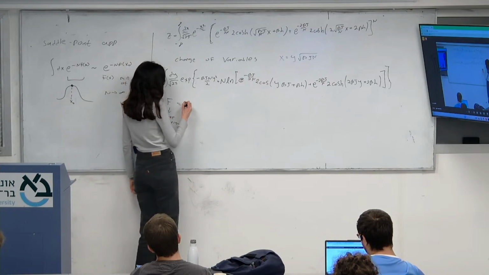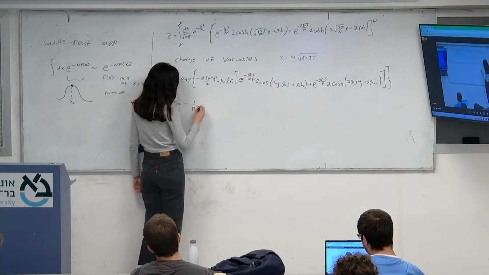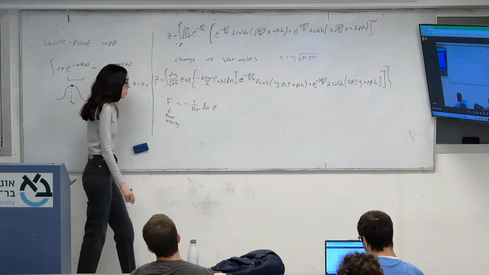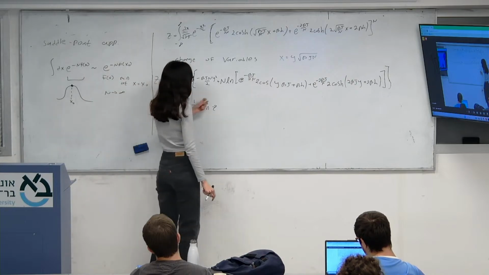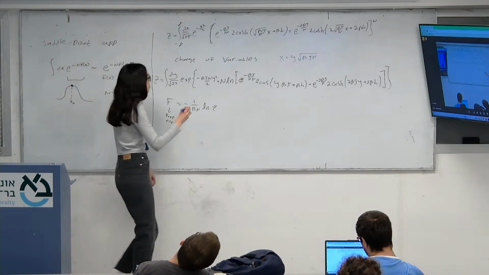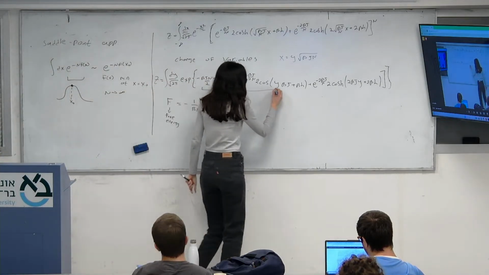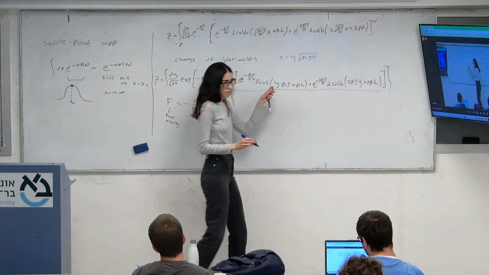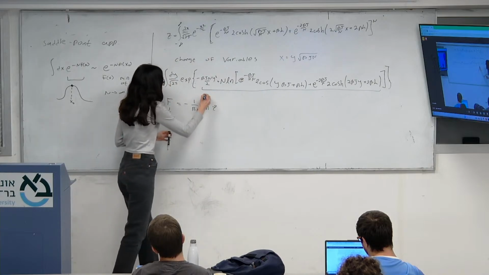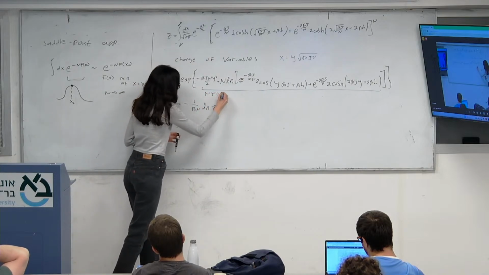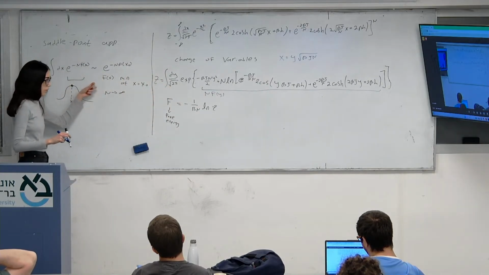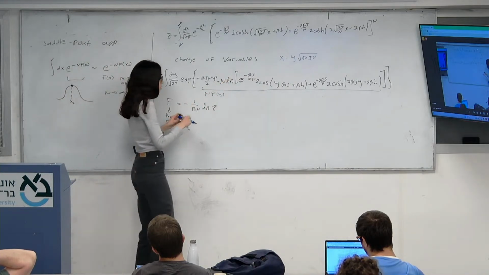So the free energy is minus 1 over beta n, the log of Z. Let's say everything that I have inside the exponent in the partition function, I call it n f y, to be consistent later with what we did for the saddle point, but for now this is just the definition.